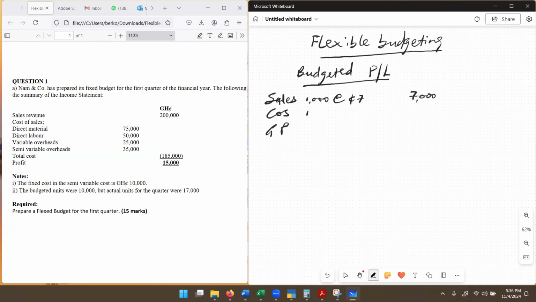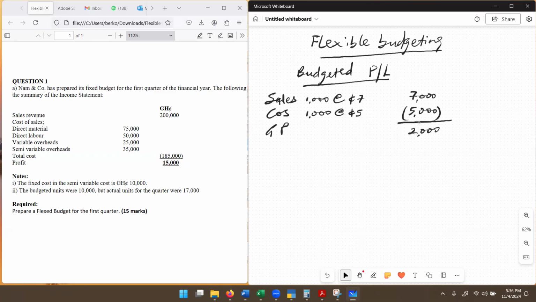So cost of sales will be 1,000 units at maybe 5 cedis. So that gives us what? 5,000. This gives us a budgeted gross profit of what? 2,000 Ghana cedis. So this is our budget.